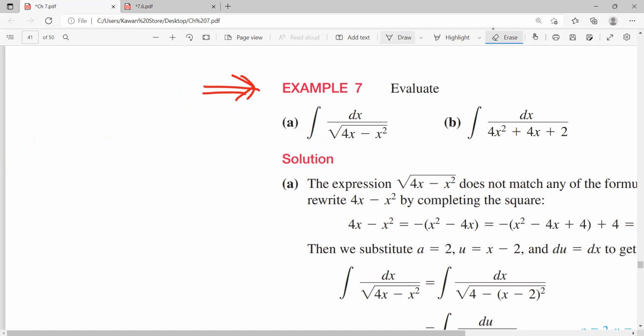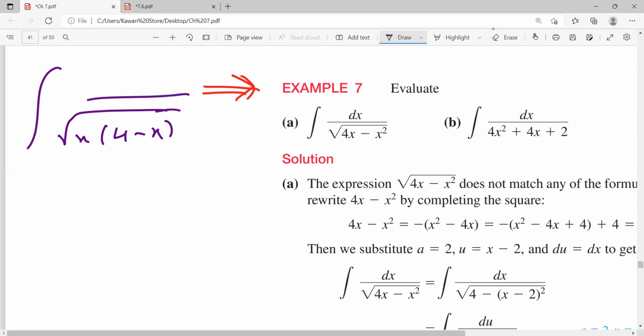I'm going to take an x here, 4 minus x, divided by square root of x, like that.